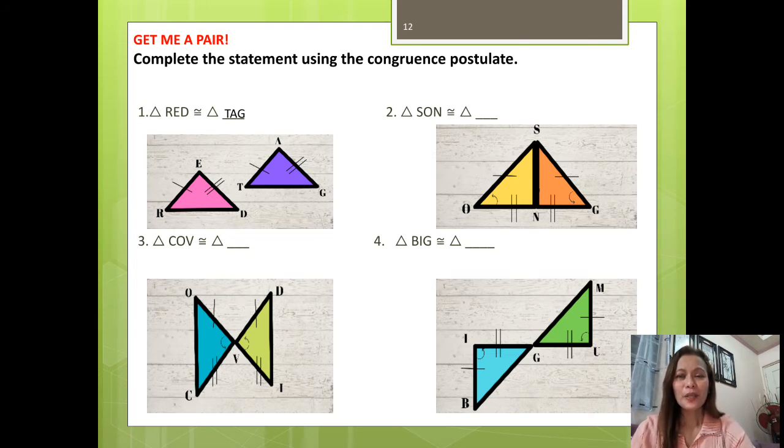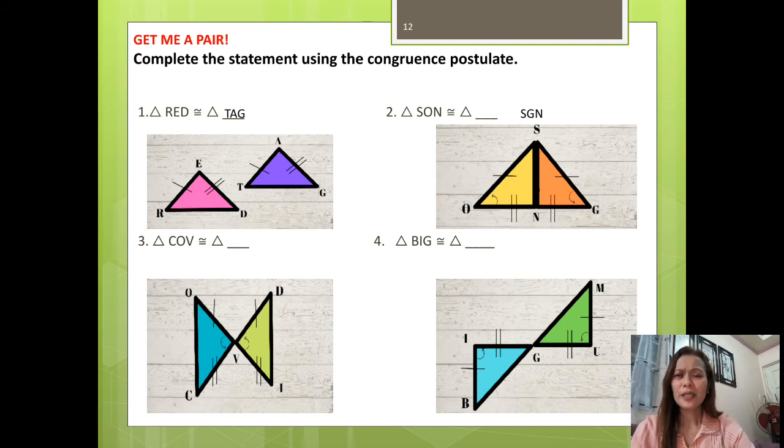Next, number 2. Triangle SON is congruent to what triangle? How can you name the second triangle using the identical mark and the congruent parts? Triangle SON is congruent to triangle SGN.